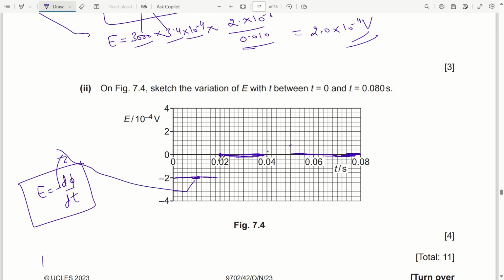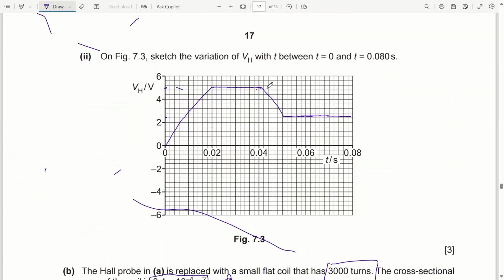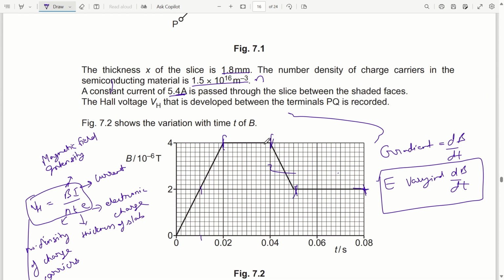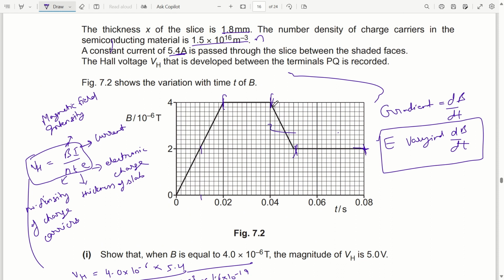So the graph will be like this, 0.02, and then from 0.04 to 0.05 we can see the slope again is the same, the magnitude of slope is the same, that is 4 minus 2 divided by 0.01, that is 2 by 0.01, and here it will be 10 raised to power minus 6 also, so it will be 2 into 10 raised to power minus 4.